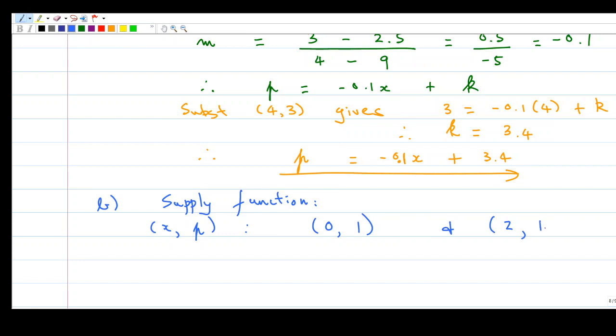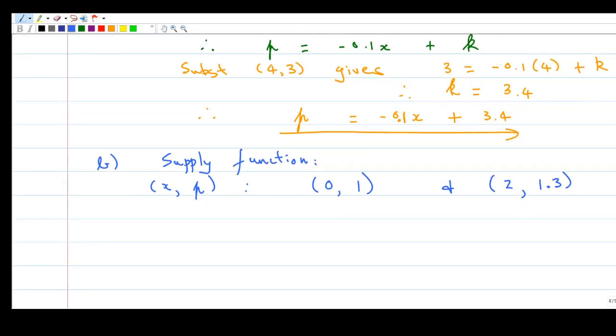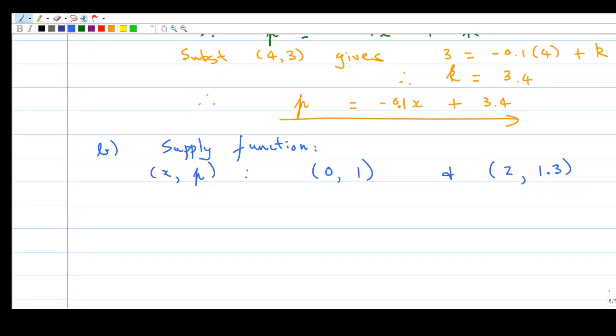So the unit price here is going to be 1.3. What you need to do is to work out what the supply function is. I'm not going to work it out over here. You can stop the video, work it out, and then refer to the lecture outline.